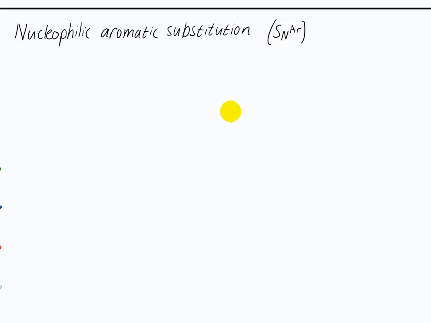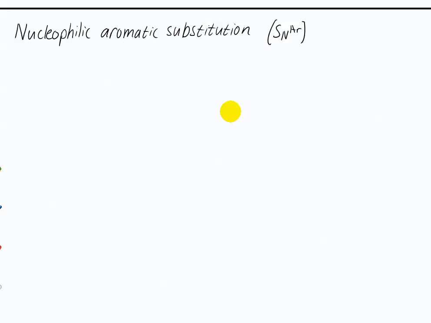So now instead of SEAr, we have SNAr, nucleophilic substitution. And so now we're talking about nucleophiles substituting on benzene. So all the effects are reversed because the benzene is now the electrophile instead of the nucleophile. And the thing coming in, the thing being attached, is the nucleophile instead of the electrophile.